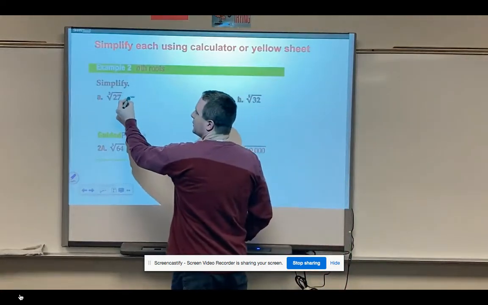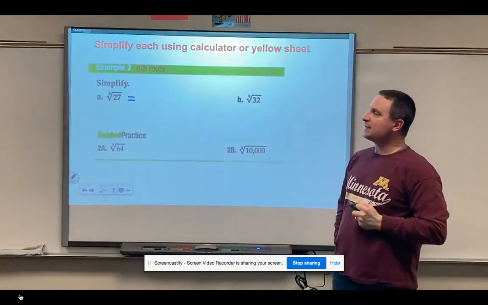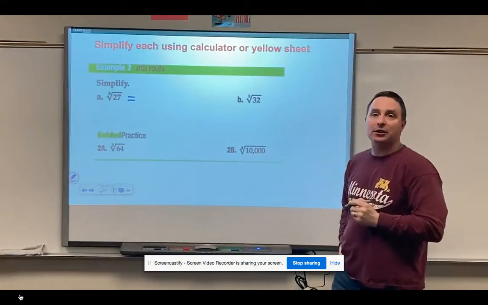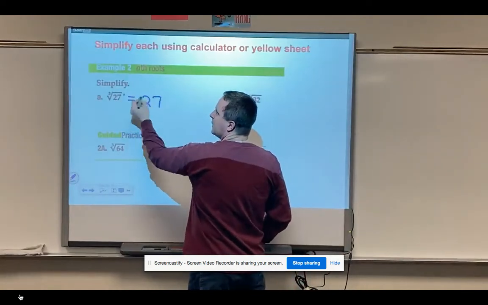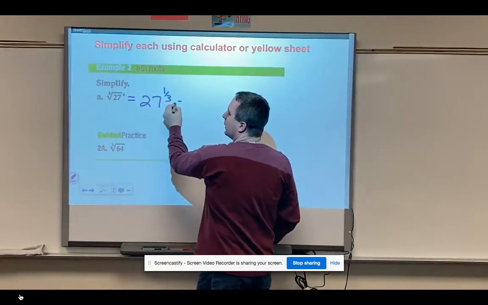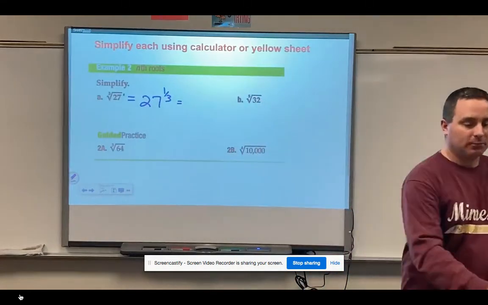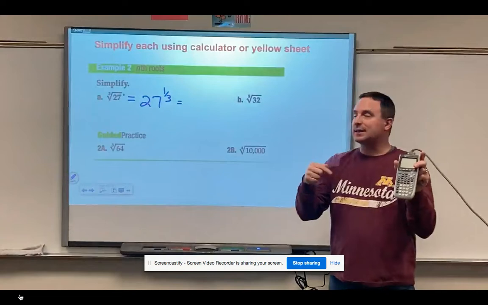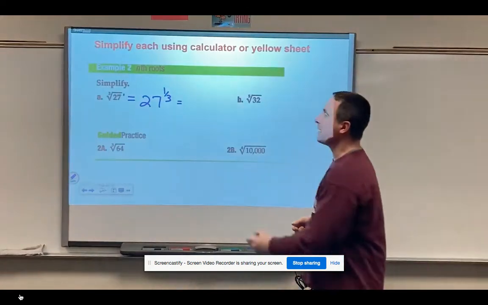First of all, we can do what we've been doing in the last couple minutes here. Could I change the cube root of 27 to a fractional exponent? Well, I sure can. That would be 27 to the 1/3 power. Well, can we do exponents with the calculator? Sure. We can type in 27 raised to the 1/3 power and hit enter, and it's going to tell you 3.